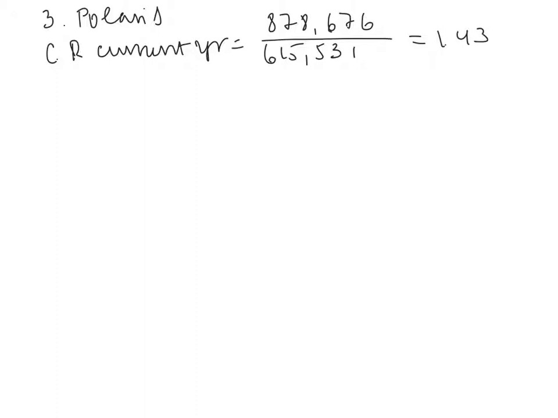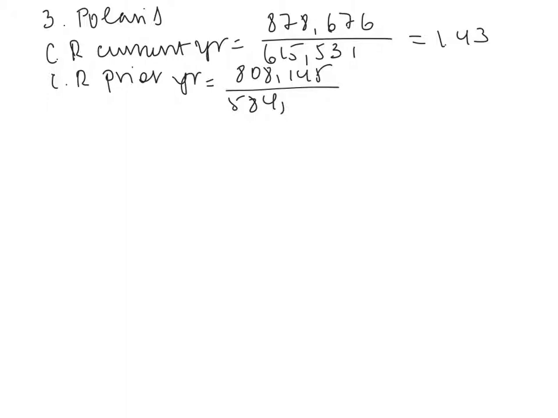So for current year, the current ratio is 1.43. For prior year, this ratio for Polaris is 808,145 in current assets divided by 584,210 in current liabilities, which gets us to 1.38.